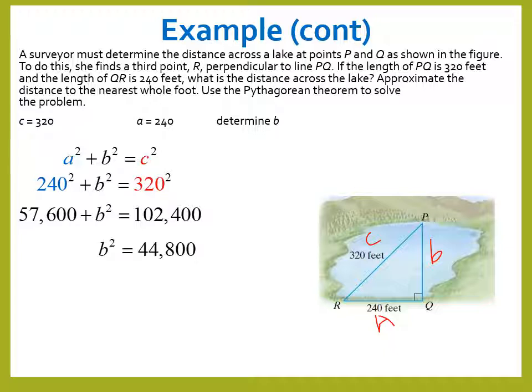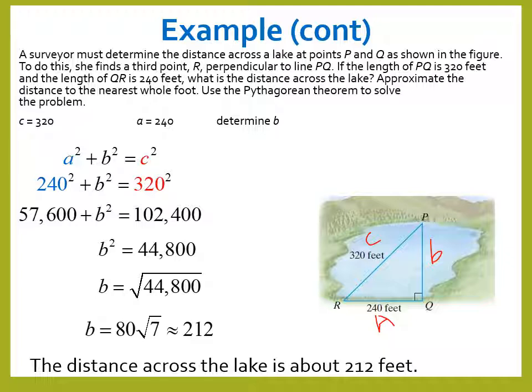I'm going to subtract to get B squared by itself. And I'm going to take the square root to get B by itself. And so B equals 80 times the square root of 7, or is approximately 212. And ta-da! Pythagorean theorem. That's how many approximate feet it is across that lake.